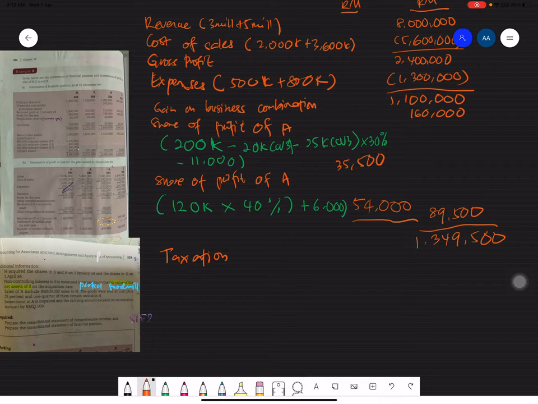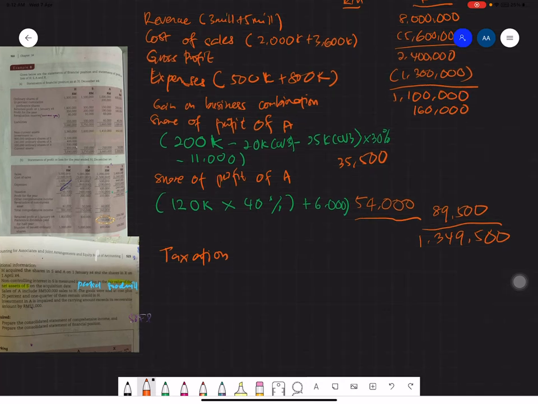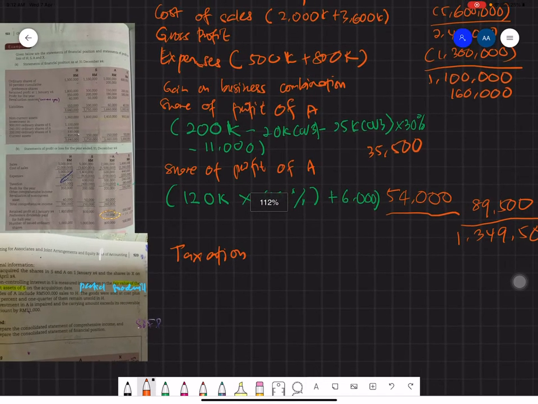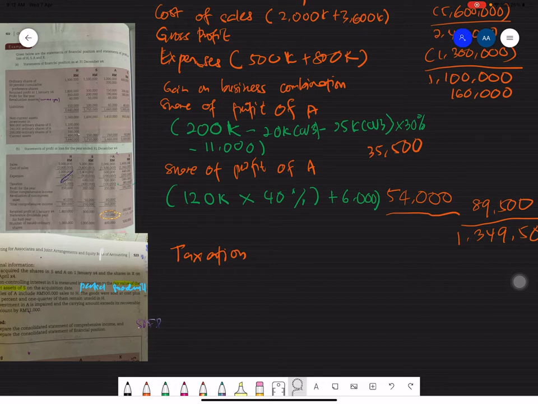In this case, parent H. The taxation of parent and subsidiary. So you will add up 150,000 plus 400,000.